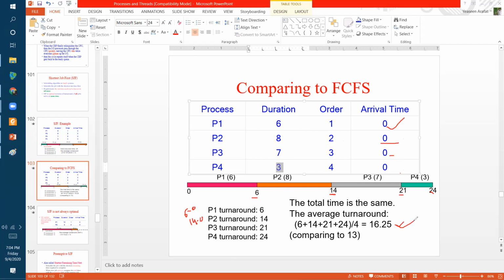In the start of this scheduling algorithm for batch systems, we learned that we are focusing to minimize the turnaround time, all over the last lecture. So here comes the actual difference.